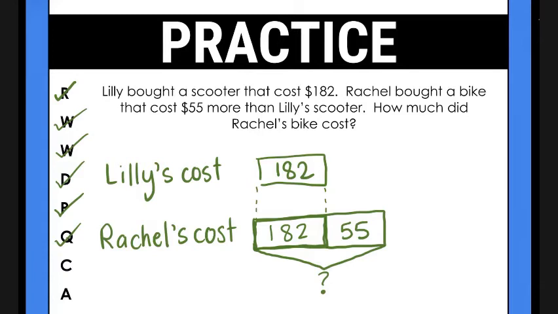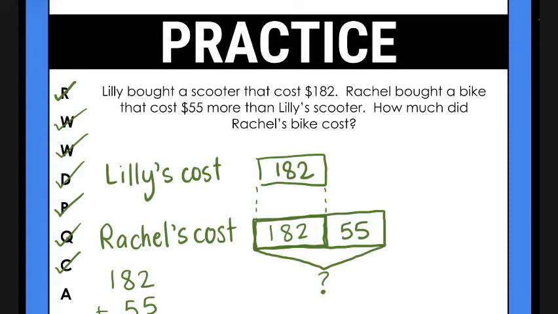Think of it like a number bond that I'm missing the whole. What would our computation be? It would be 182 plus 55. Check mark the C.